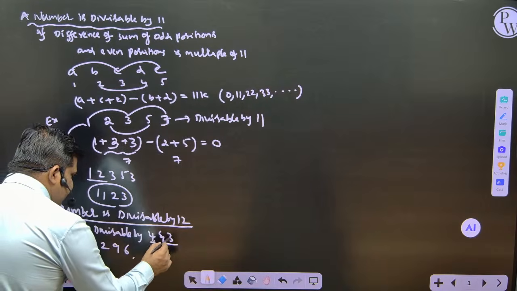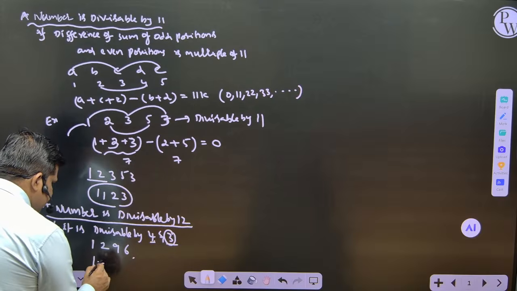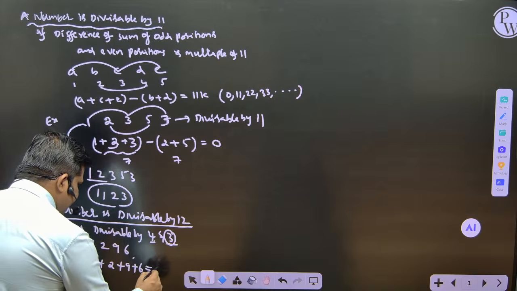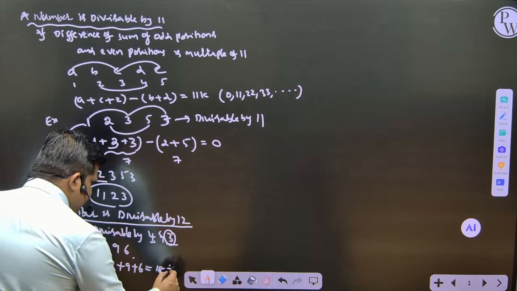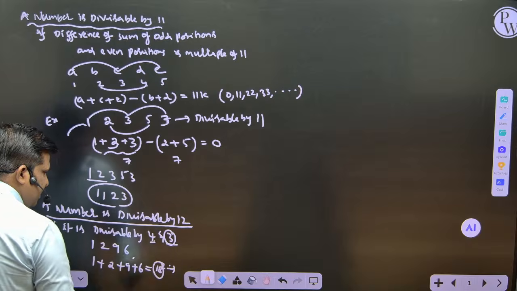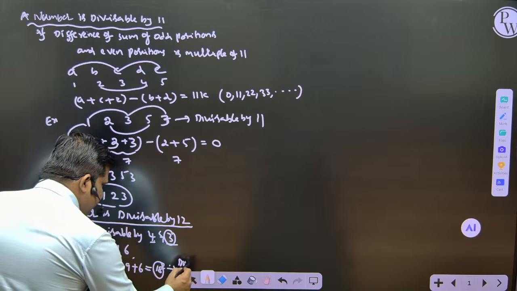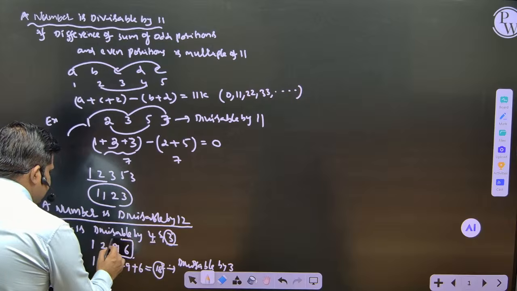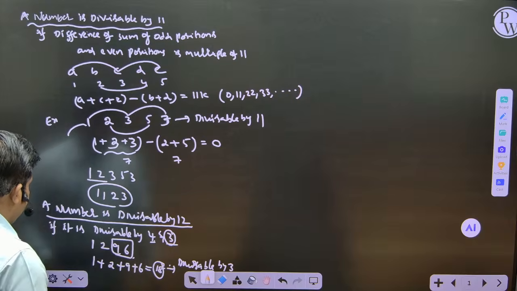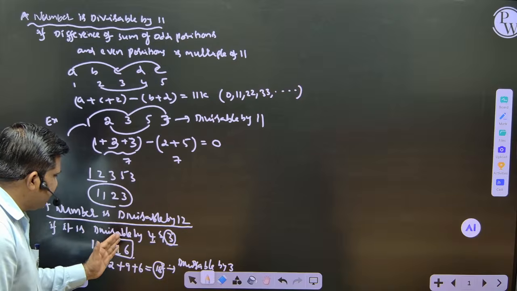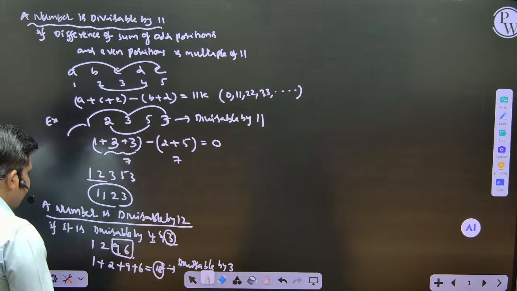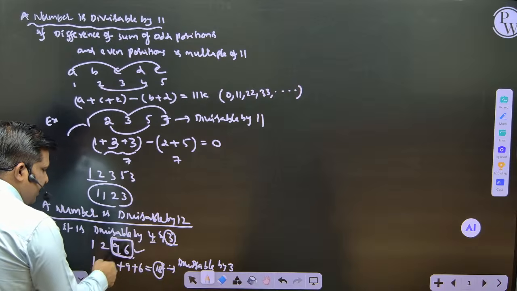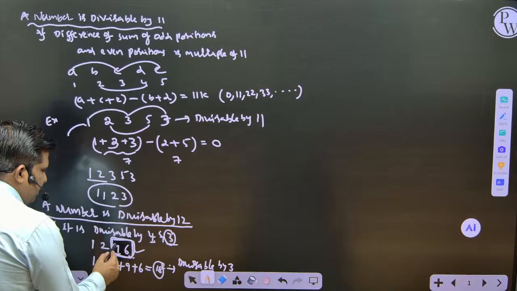So for divisibility by 3, check the sum of the digits: 1 plus 2 plus 9 plus 6, 3, 12, 18. The sum of the digits is divisible by 3. That's why this is divisible by 3. Next, for divisibility by 4, consider the last two digits, which are 9 and 6.